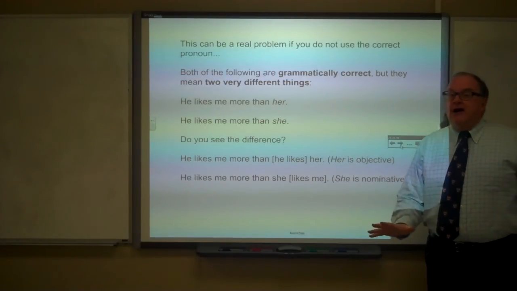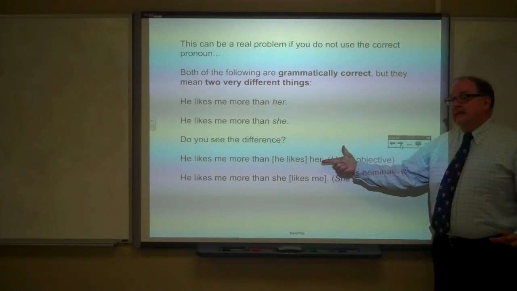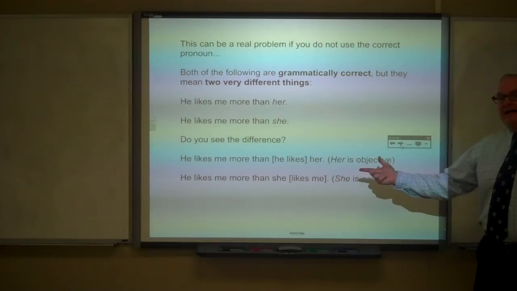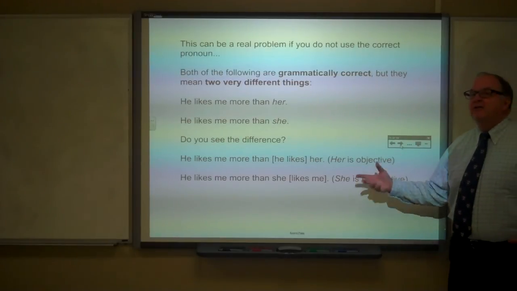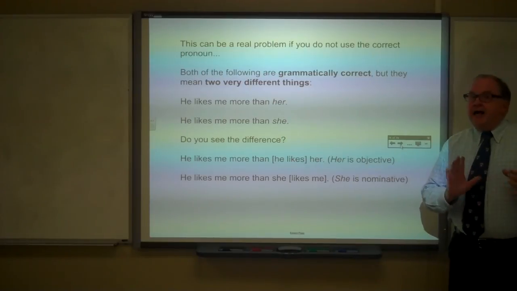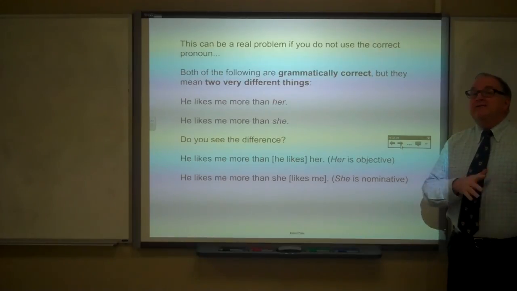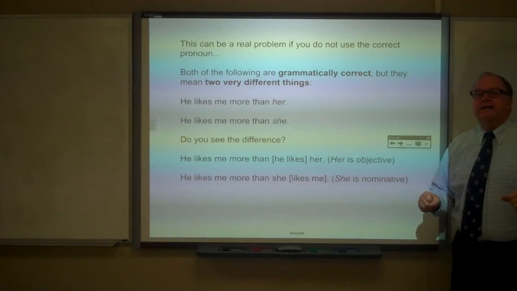Sometimes you can tell from the context, but you want to make sure if you're writing an elliptical adverb clause that uses a pronoun, you have the correct case of the pronoun. And also sometimes you don't want the clause to be elliptical if there could be confusion as to what you mean.